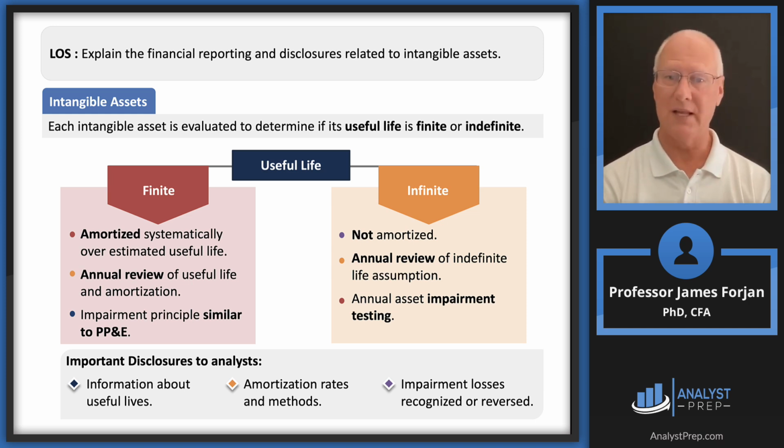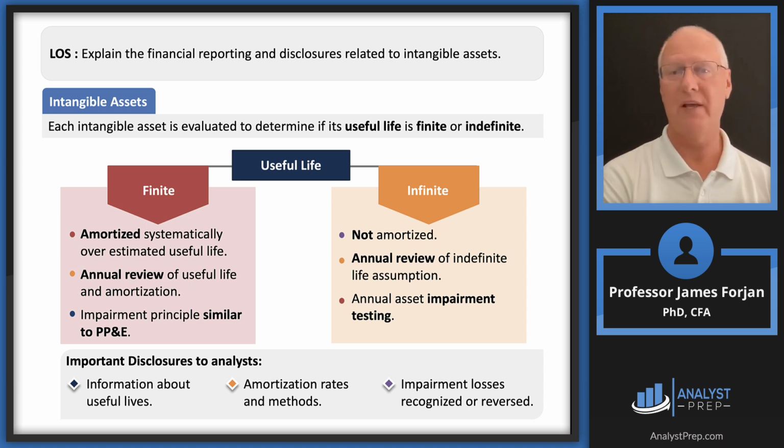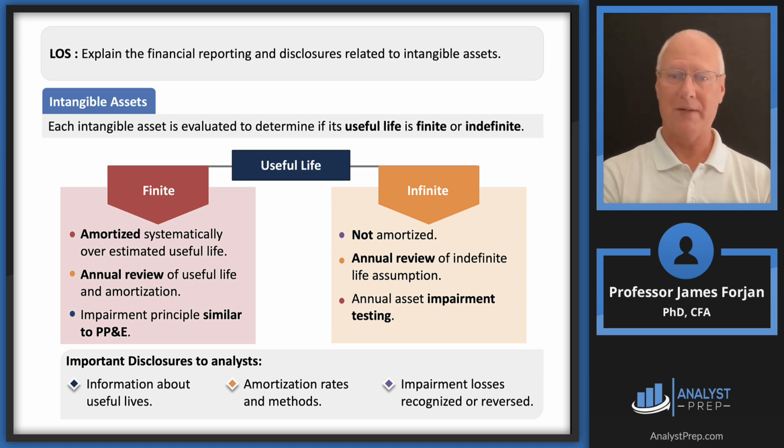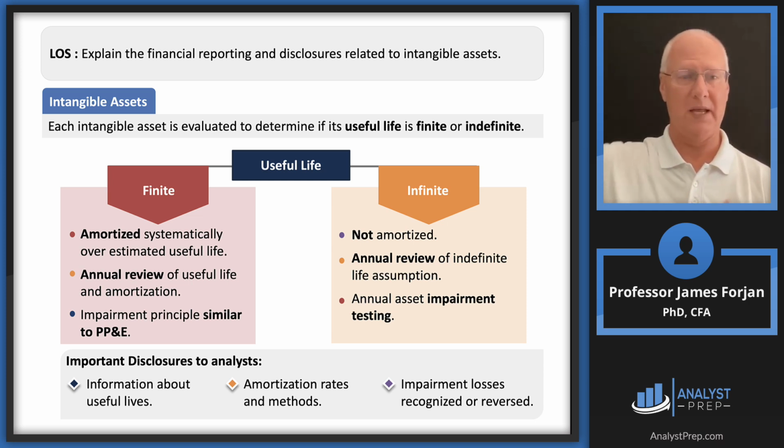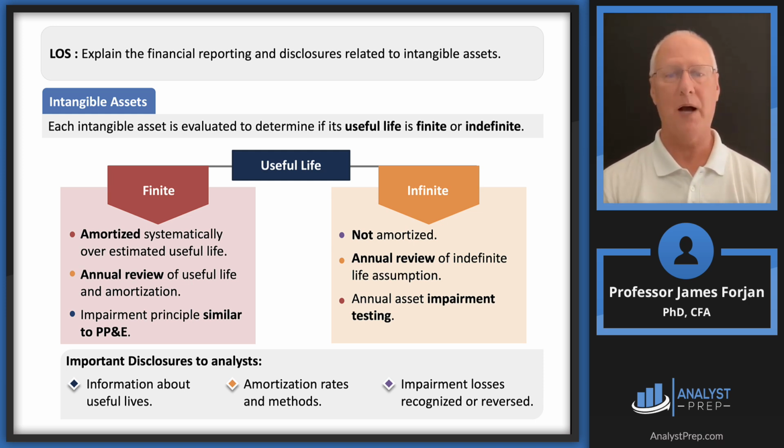Now, if it's an infinite life, because, well, I'm guessing, I don't know this to be totally accurate because CFA Institute is nonprofit, but I'm guessing that CFA trademark is probably infinite because the Institute expects to be around forever and ever, right? And so this is not amortized, but we have to have that annual test for impairment.